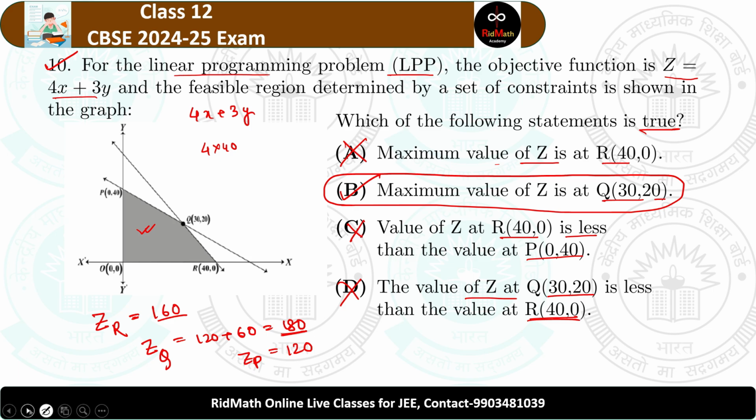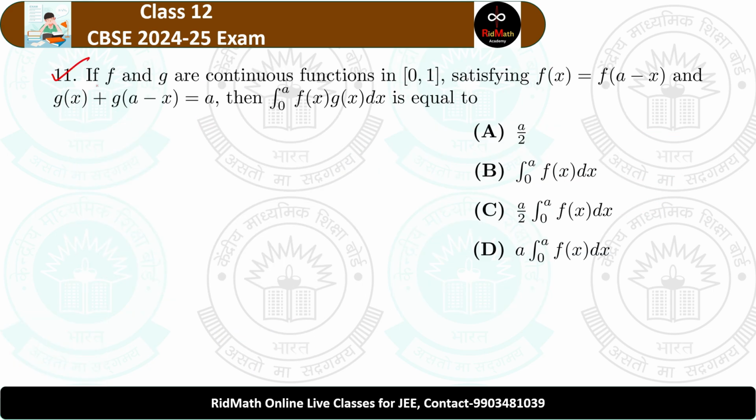Next problem. Question number 11. If f and g are continuous functions in closed interval 0 comma a, satisfying f(x) equal to f(a minus x) and g(x) plus g(a minus x) equal to a, then integration 0 to a f(x) into g(x) dx is equal to what?